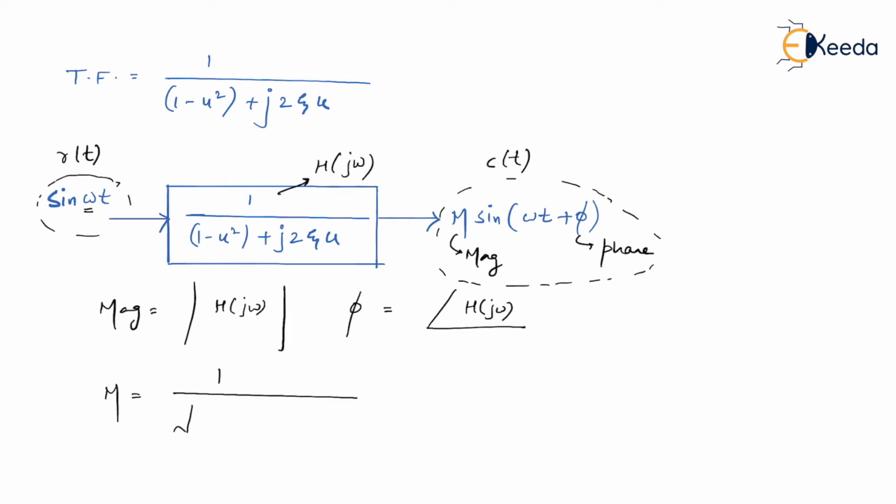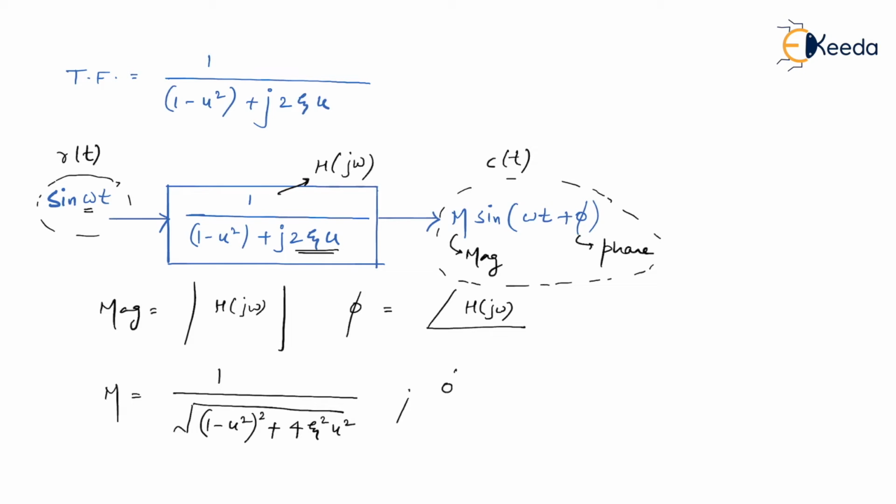So it is under root of (1 minus u square) the whole square plus imaginary part square. The imaginary part is 2 zeta u, so the square of 2 zeta u is 4 zeta square u square. I hope you understood this. This is what we call the magnitude.